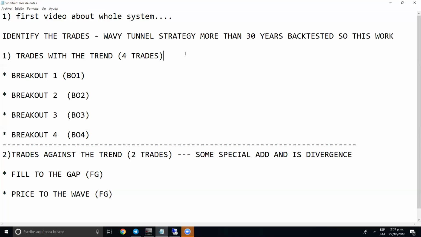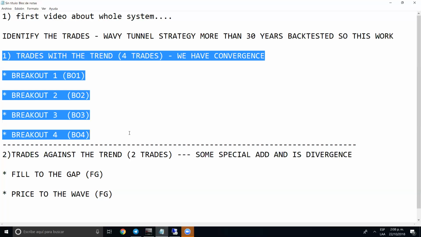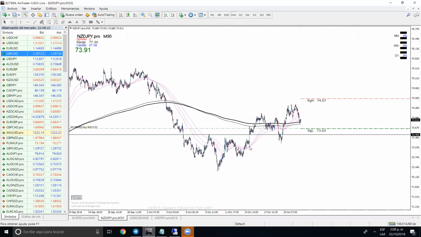And for the trades with the trend, we need convergence. So the trades with the trend need convergence, and the trades against the trend need divergence. You know what convergence and divergence are. First, learn all these trade setups, and after that we're going to add some tools. Okay, let's go into the chart.